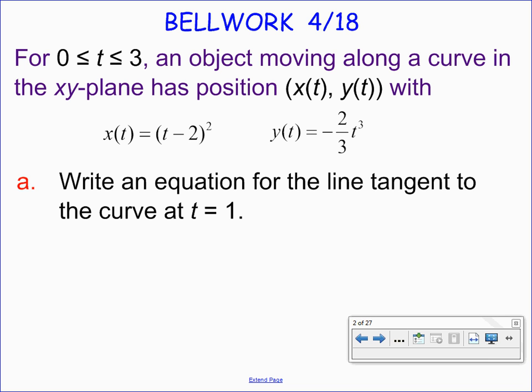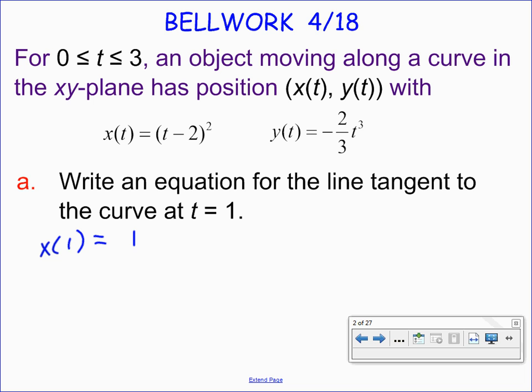In this case, the point of tangency is an x, y coordinate based on the parameter time t. So at t equals 1, we need to figure out the x coordinate and the y coordinate. We can do that with a straight evaluation of x of 1. So into my original, 1 minus 2 is negative 1, quantity squared is 1.